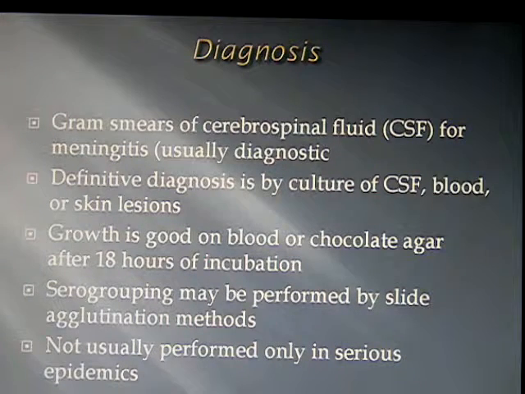If you want to be more specific and determine what serogroup Neisseria comes from, it's usually performed by slide agglutination methods. This is when there's a reaction between the antigen and an antibody. Once you see that an antibody is developing to the antigen, you know it's specific to that bacteria. But this is usually only performed in serious epidemics.